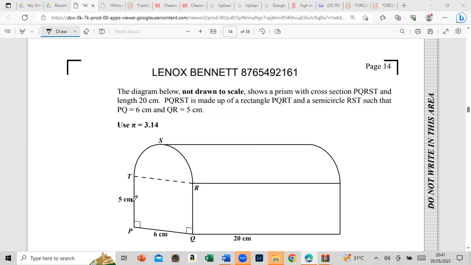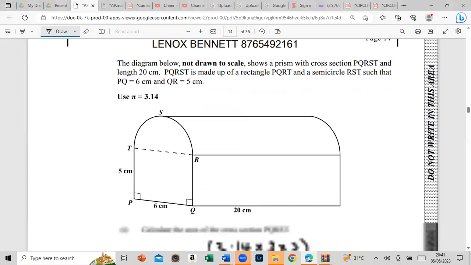So QR rather, QR. So both sides, opposite sides are equal, right? So that's the diagram. Let's see what they ask us to do.